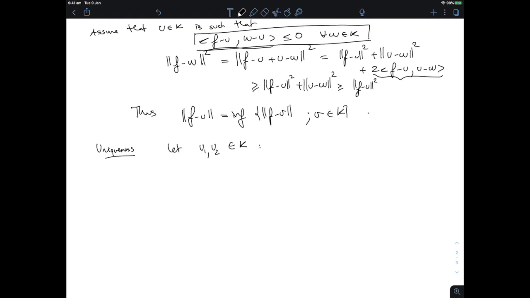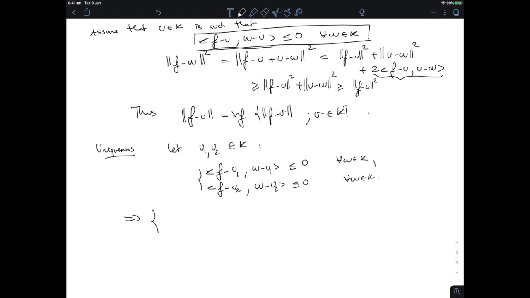So they are such that (f minus u1, w minus u1) is less or equal than 0 for all w in K, and in the meantime, (f minus u2, w minus u2) is less or equal than 0 for all w in K. Now, if these two things hold at once, I could choose w equal u2 in the first inequality, and w equal u1 in the second.